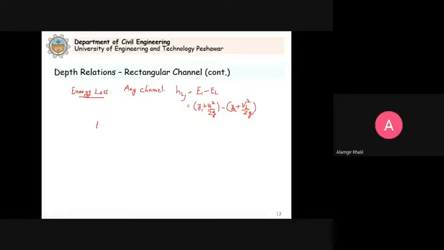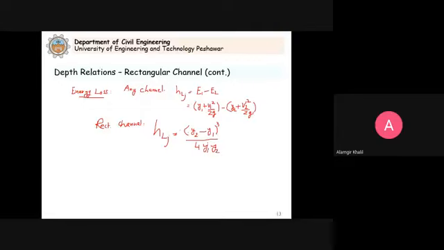Also for rectangular channel, we can simplify this. For rectangular channel, this HLJ is equal to (Y2 minus Y1) cubed divided by 4 times Y1 and Y2.